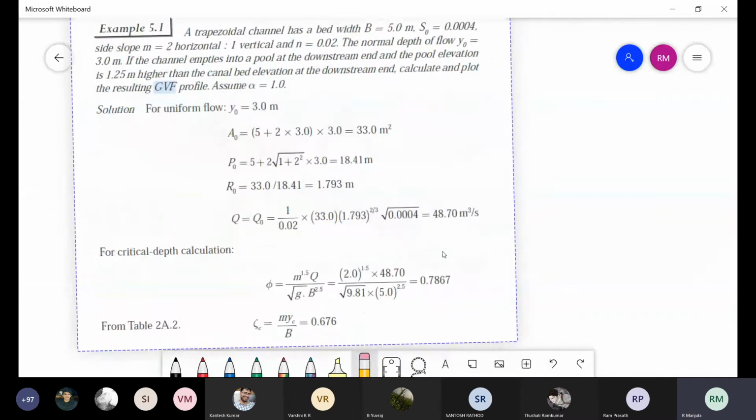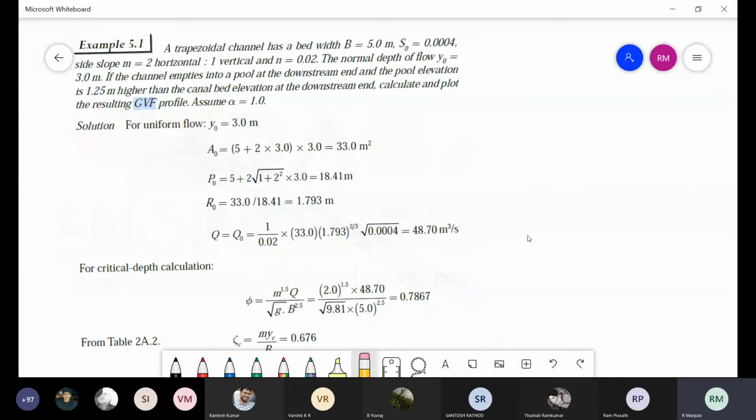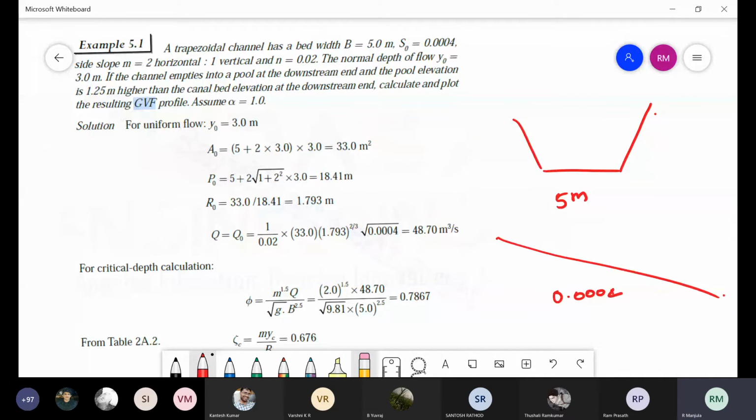You consider a trapezoidal channel which has a bed width of 5 meters. So this is the trapezoidal channel. You have bed width of 5 meters and bed slope of 0.0004, and a side slope of 2 horizontal to 1 vertical, and Manning's n is equal to 0.02. The normal depth y naught is given as 3 meters.